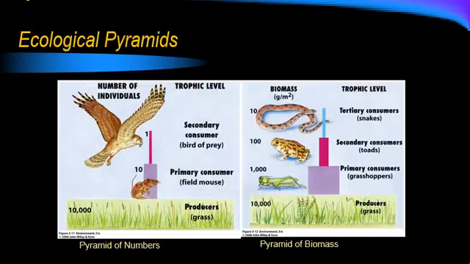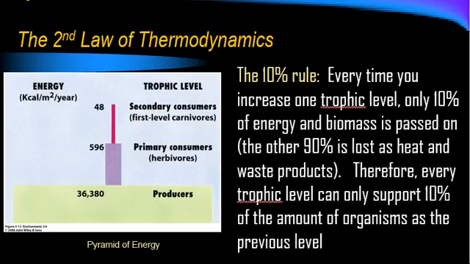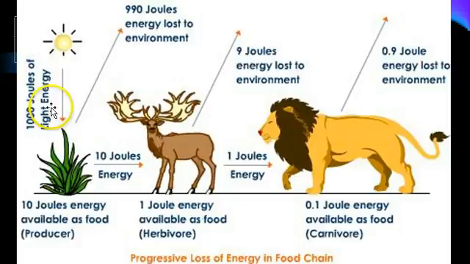And it does tend to work very well with things like biomass, where you will see a change of about 10% each level. And you can see the same thing happening with the number of organisms here as well. So again, this is happening because most of that energy is actually going to get lost. Very little of it is going to be passed on to the next level of the food chain.